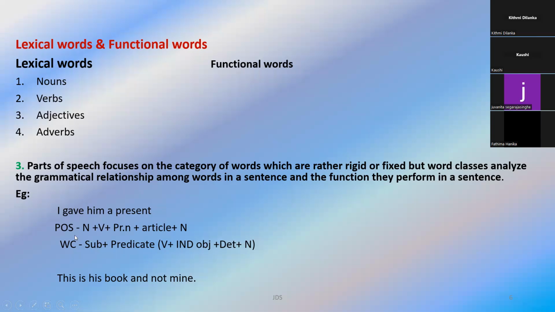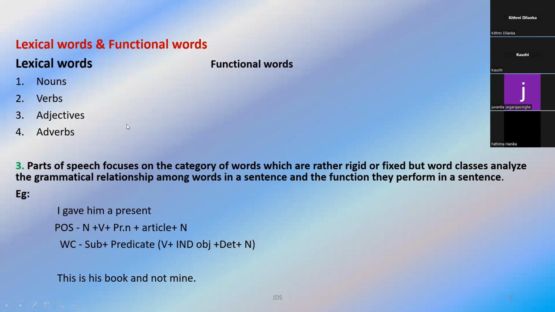Word classes came after the emergence of modern linguistics, somewhere in 1952 to 56. Thank you.